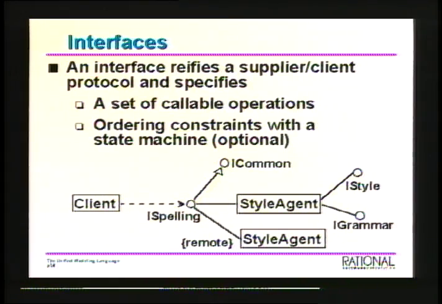So the interface is drawn as a little circle. It's attached to its suppliers by solid lines. So in this case, this style agent supports these three different interfaces. And this client class is attached to the things it uses by a dotted arrow. So in this case, we're saying the client only depends on the spell checking interface of this class.